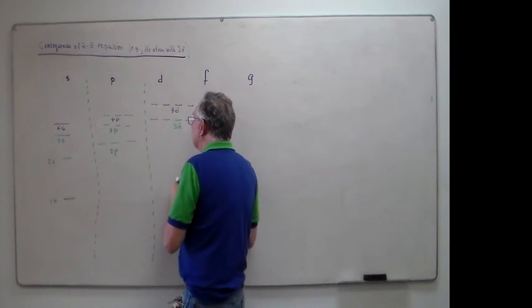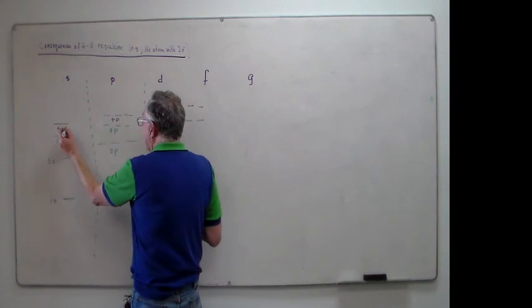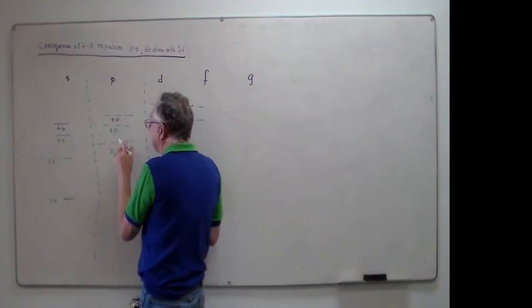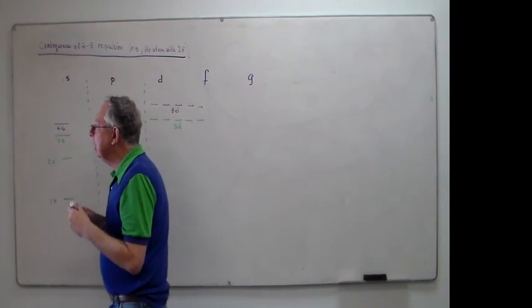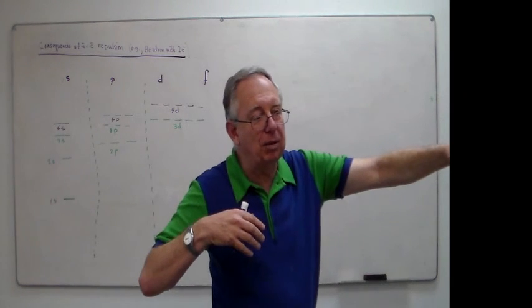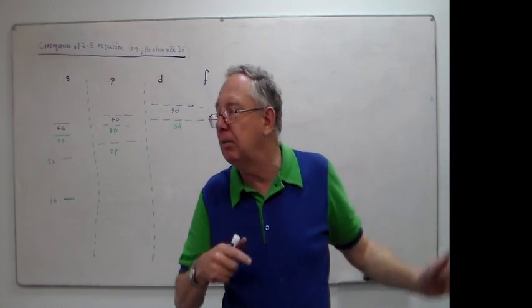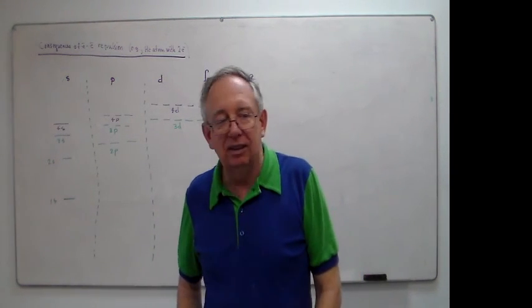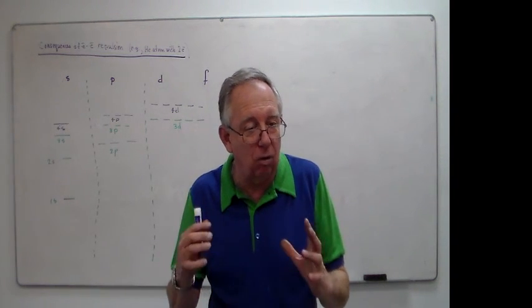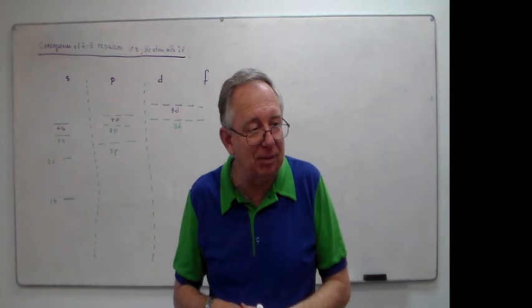But what happens if this 4s, or the 3d is under the 4s? Then we have to put in 10 elements in the periodic table where we're feeling the 3d before the 4s. So we get the whole transition block of the periodic table.